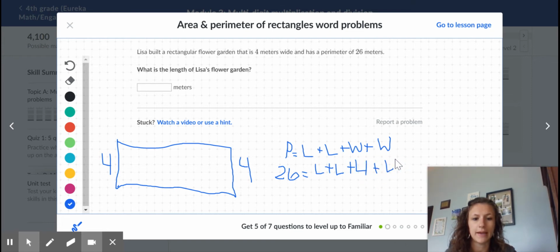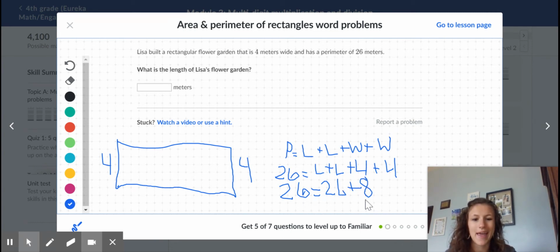Let's combine some like terms. I know that 26 would now be equal to 2 lengths, so I'll put 2L, plus 8, because 4 plus 4 gives me 8. I want to find out just what the length is.